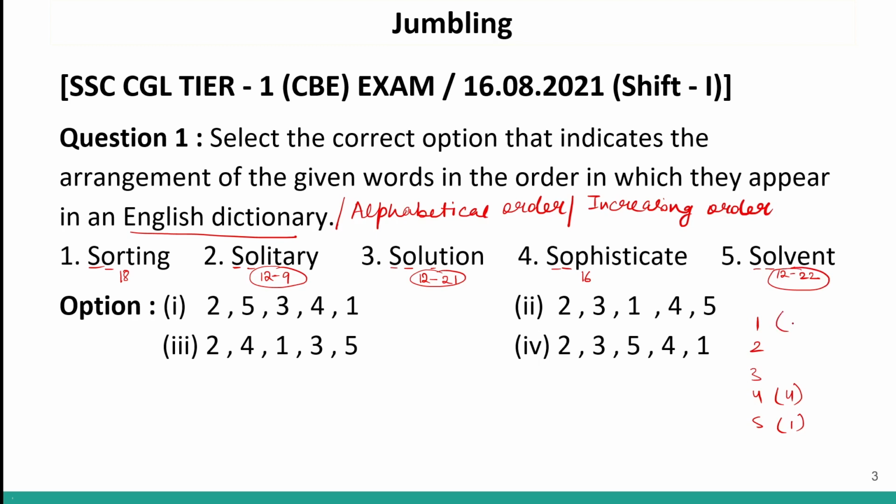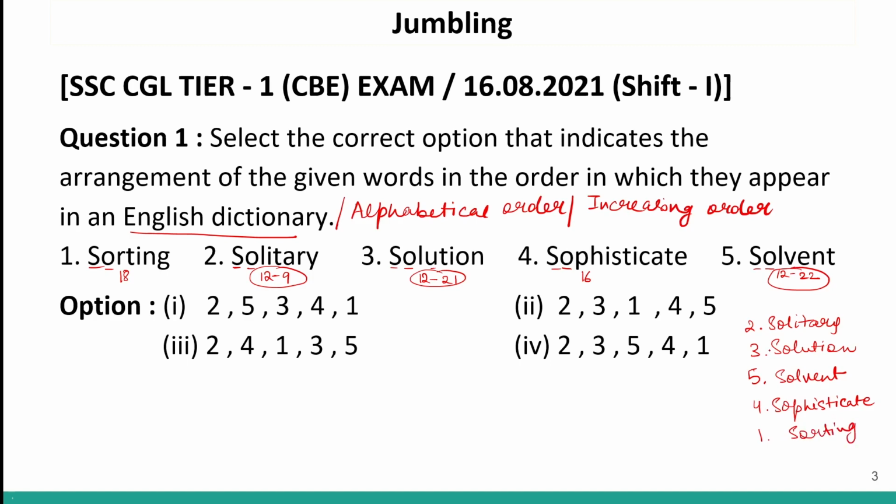So at the first position will be solitary, or let me write them to eliminate any confusion. So second solitary, then we have solution, then we have solvent, then we have sophisticate, and lastly we have sorting.